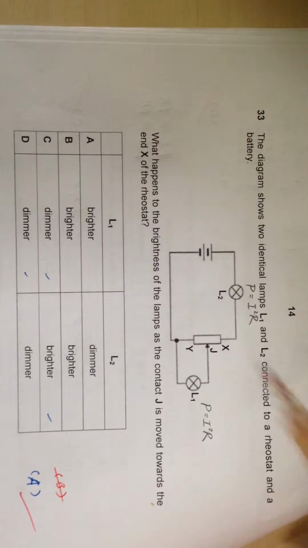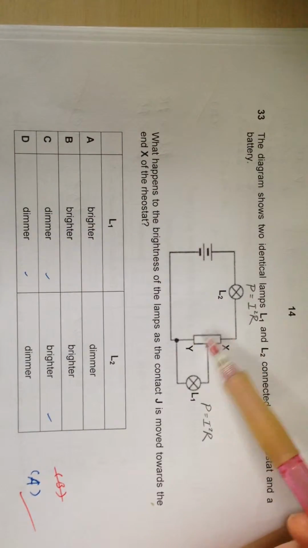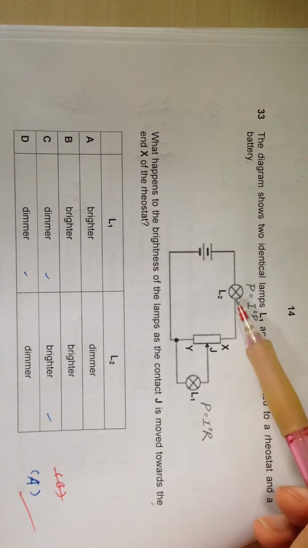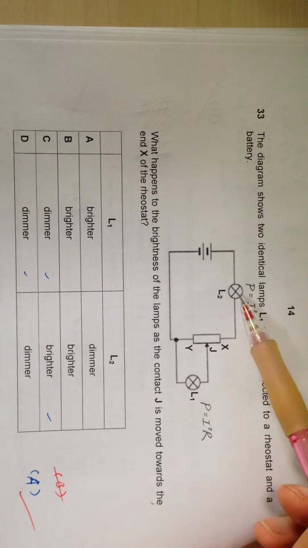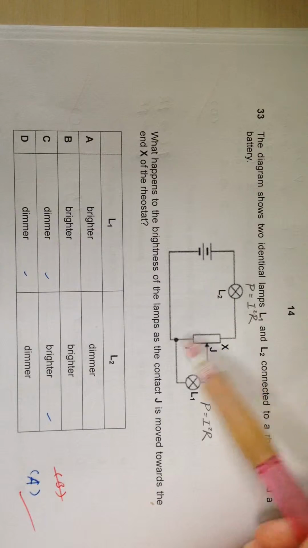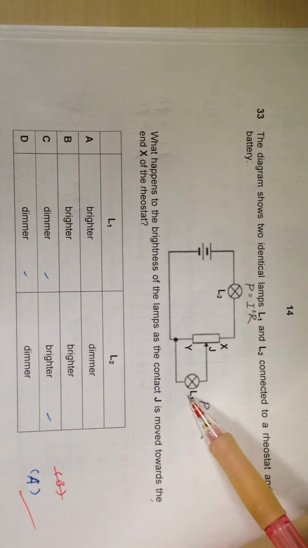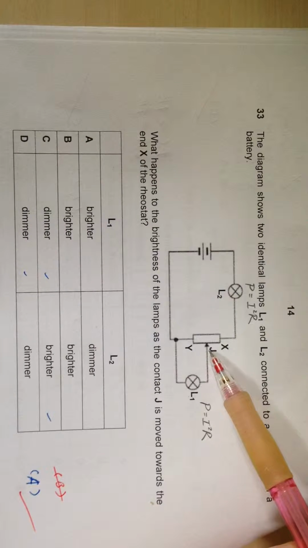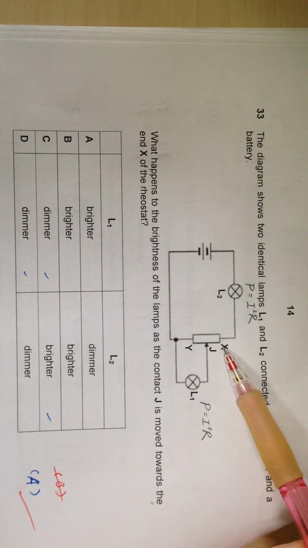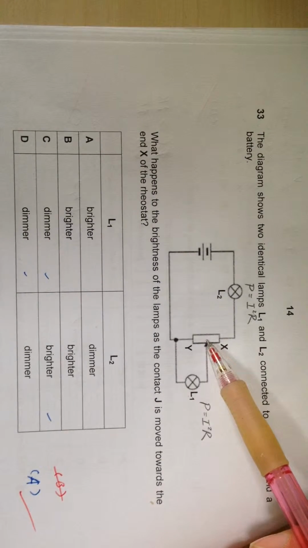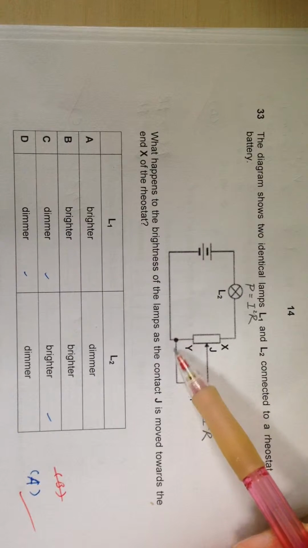Now the tricky thing about this is that it is like a parallel and series circuit. It is parallel connected here. It is a series connection when you're talking about L2 versus this whole part. So let us analyze L1 first. As you move J towards X, this resistance is going to increase. And when this resistance increases, what happens to the current flowing into this wire?